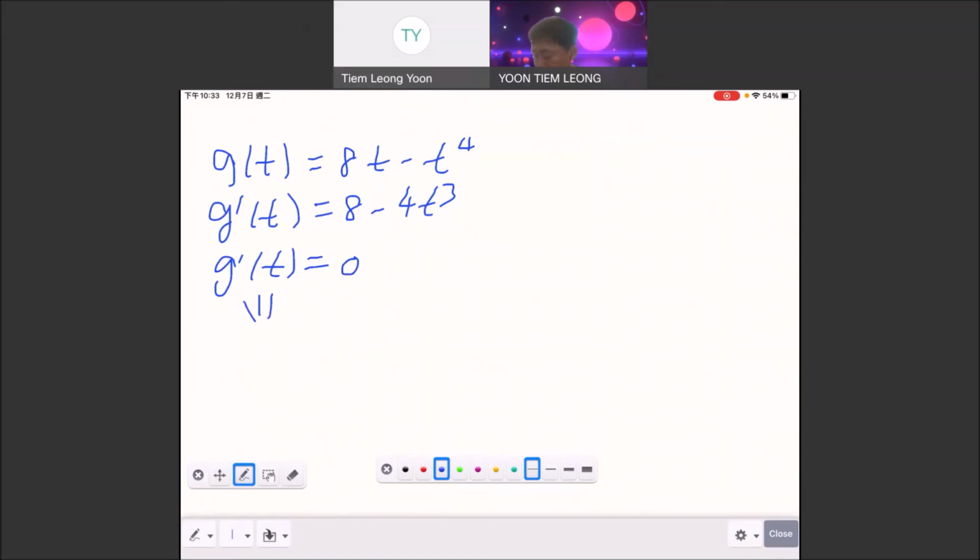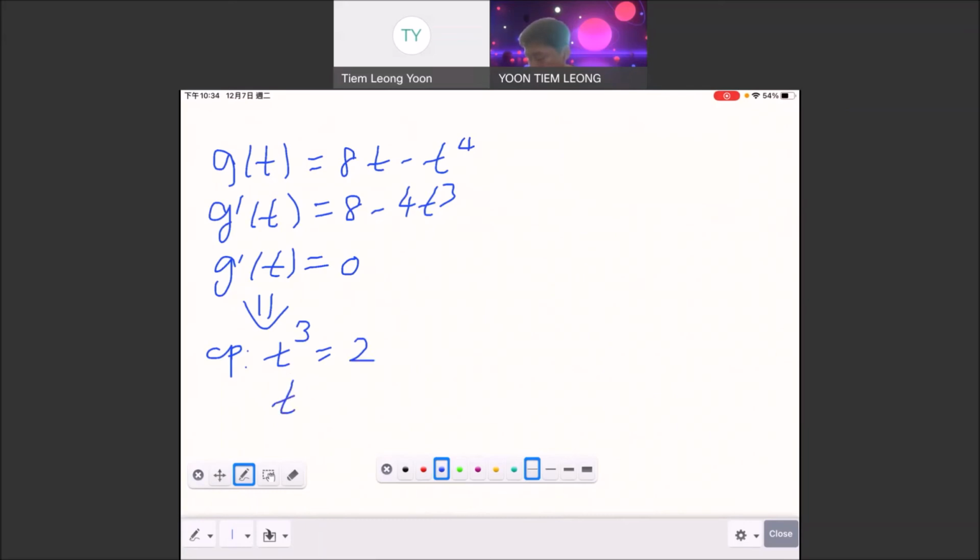Therefore, from here, the critical point happens when g' goes to 0, then t^3 will be just equal to 2, okay?